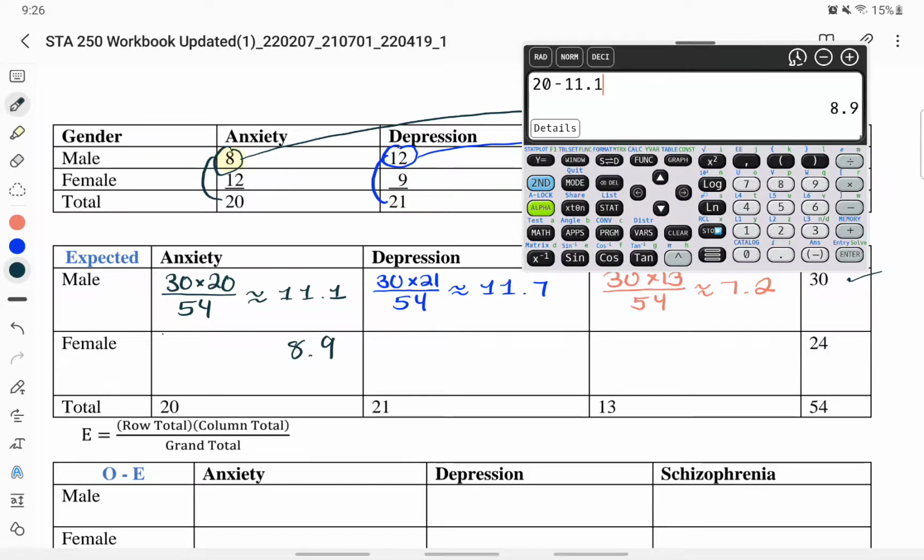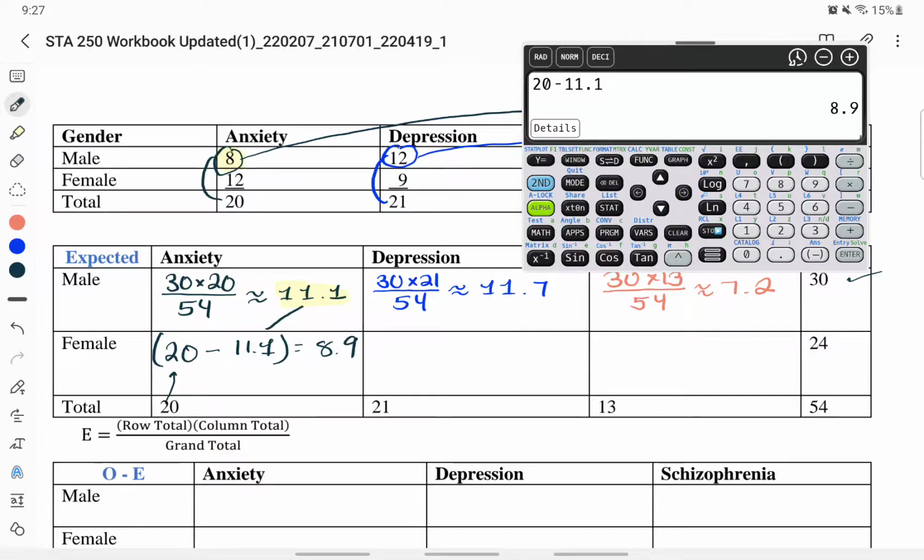Basically, you take the total of 20, minus the expected frequency for male and anxiety, which is 11.1. When you subtract those, you have 8.9, which is the expected frequency for female and anxiety.